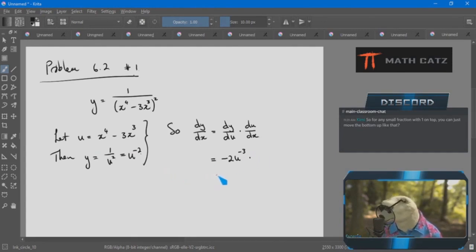Now I'll show you that you could have seen this as a fraction, a quotient, and used the quotient rule. Let's just do that now.